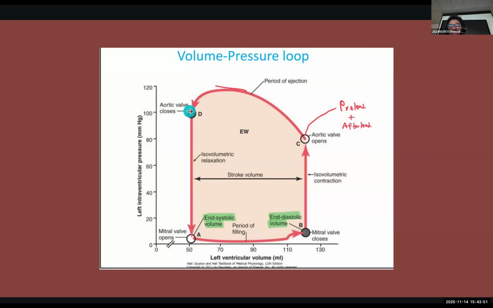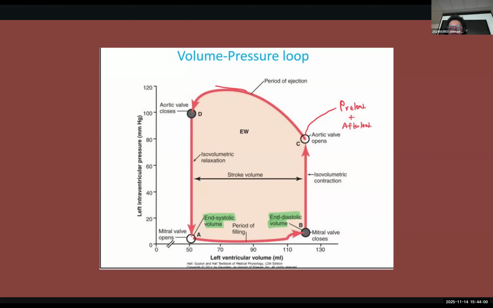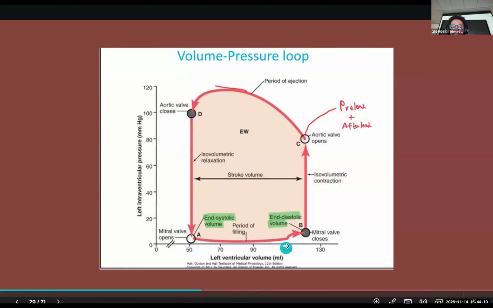You could say diastole is from point D all the way to this point, before the small rise in the graph. Does that make sense? So A to B is not fully diastole, but let's say 80% of it is diastole, up until the volume of 110.